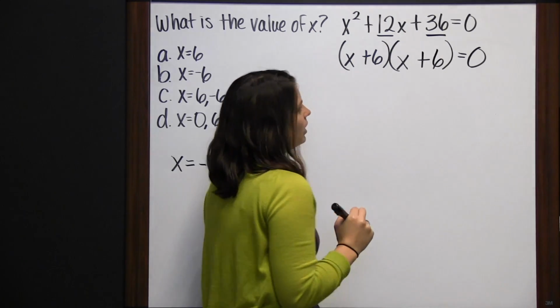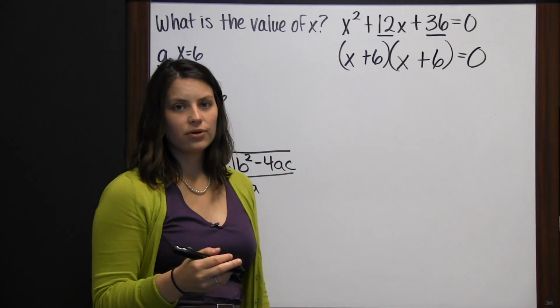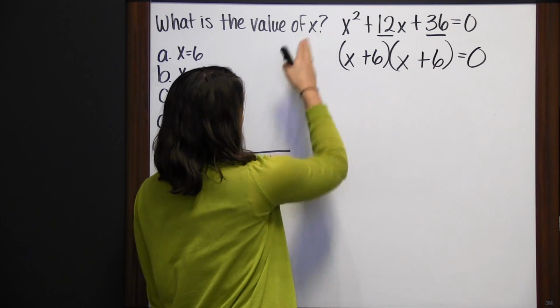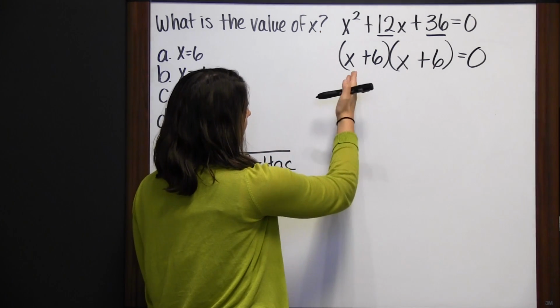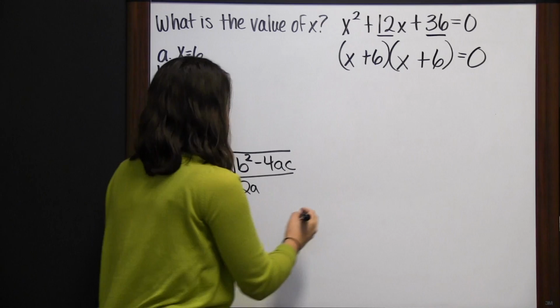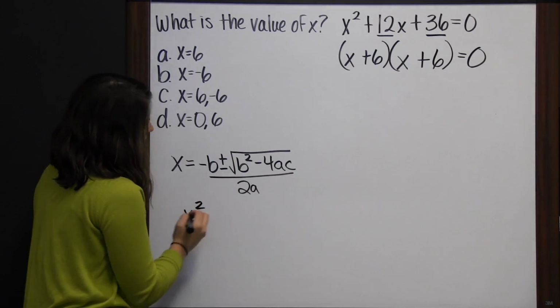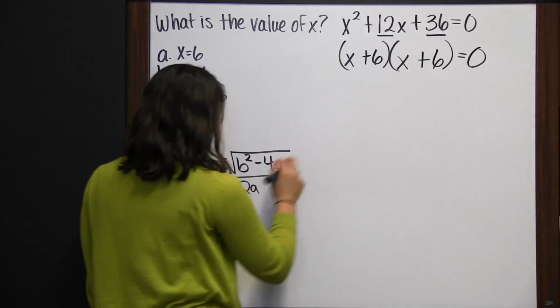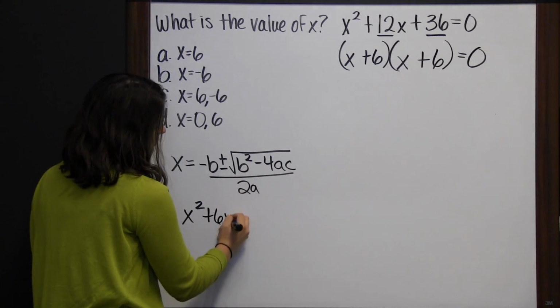And you can always FOIL what you factored to check and see if it is in fact correct. So you could multiply x times x, and that's x squared. That's your first terms. Outer, x times 6, 6x.